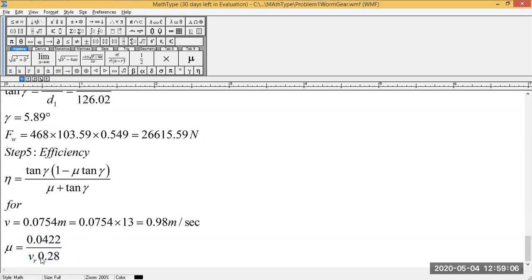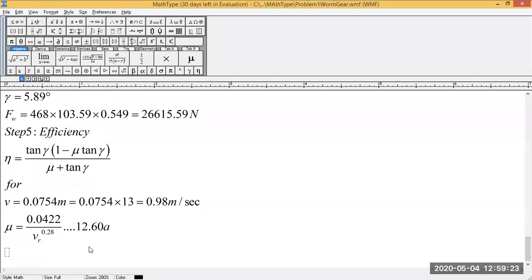This will be the power. We need to use this equation for the velocity, equation 12.60a.